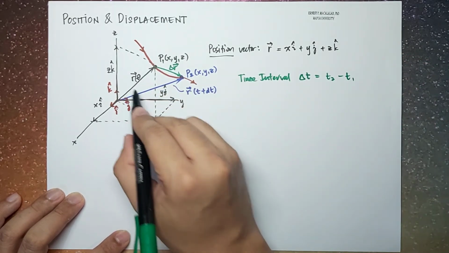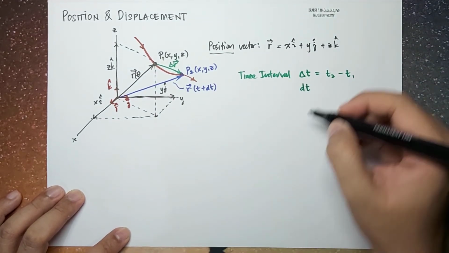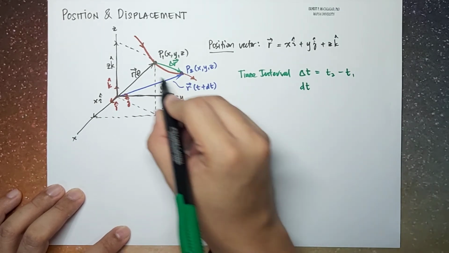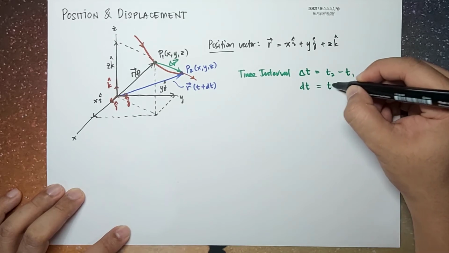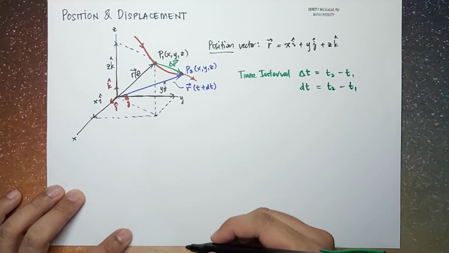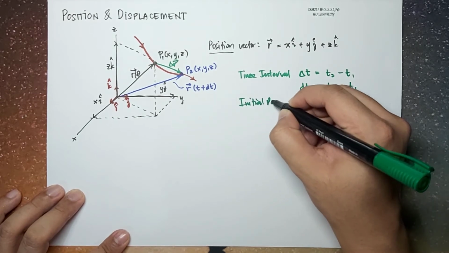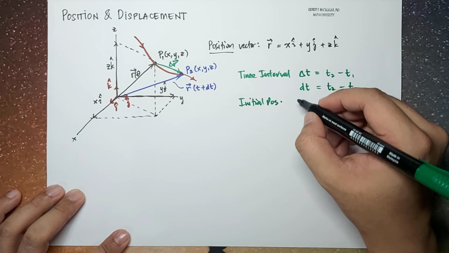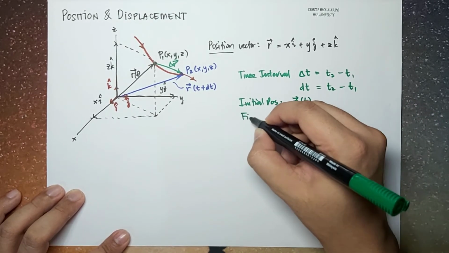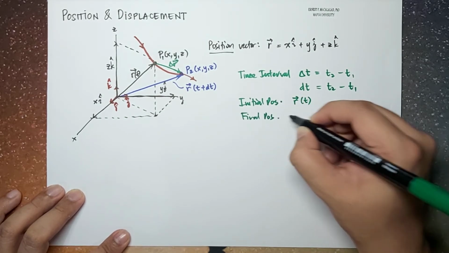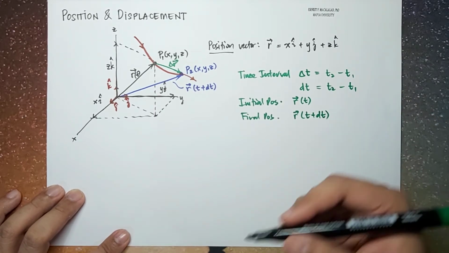Or in terms of the interval, we can say this is dt if dt or delta t is very small, so this will be equal to t2 minus t1. So the initial position is given by r(t), and the final position is given by r(t plus dt), or t plus delta t.